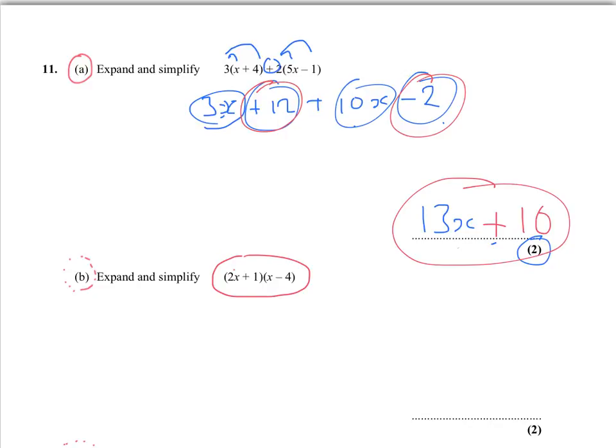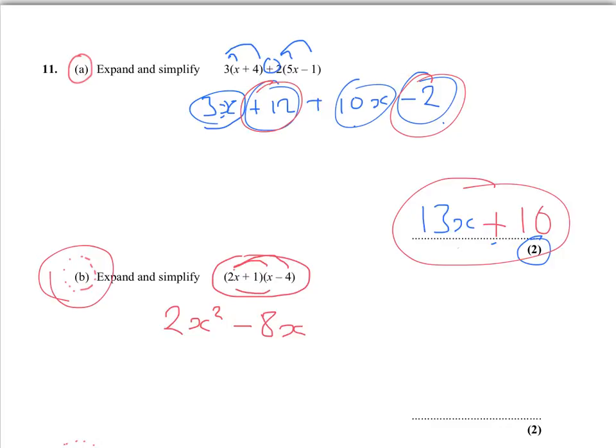So it's got a dotted line around it here, and we do 2x times x. Well, that's 2 times x, so it's 2 times x squared. 2x times minus 4, so that's 2 times 4 is 8, positive times a negative is a negative, and there's an x on there.